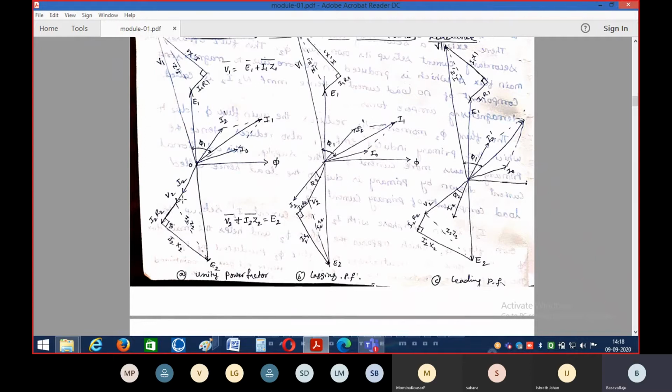So with respect to E2 we draw the V2, and in phase with V2 we have the I2. I2 is nothing but the secondary current. If you reverse this secondary current, we get I2 dash, which is the secondary current with respect to primary.